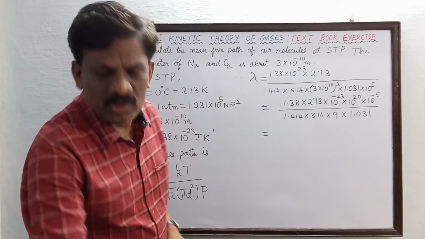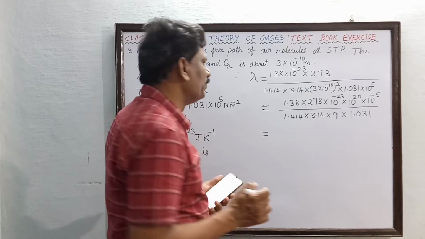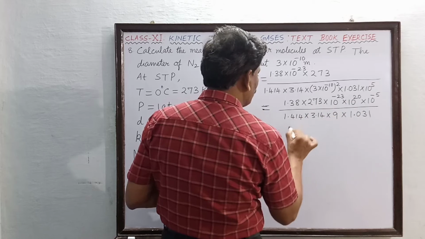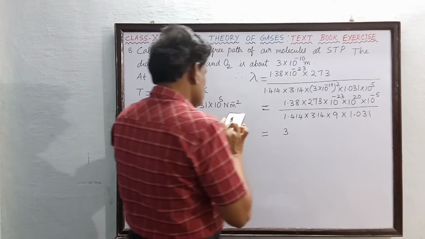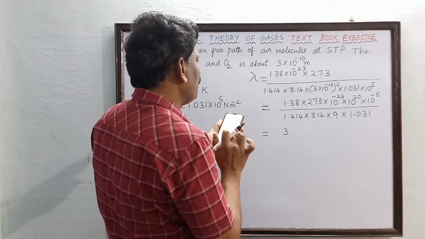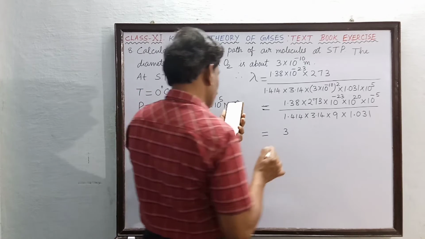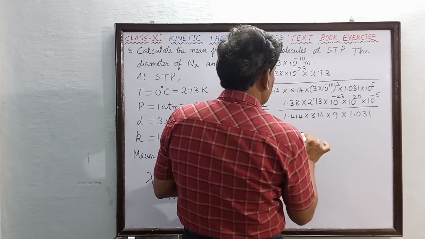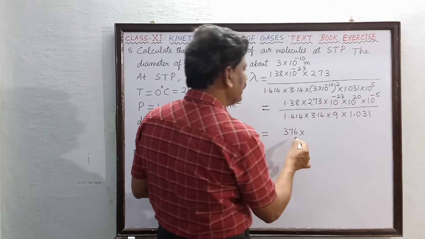So now I am going to calculate. The numerator is 1.38 multiplied by 273. So this is equal to 3.76 × 10^2, but I have written 376.